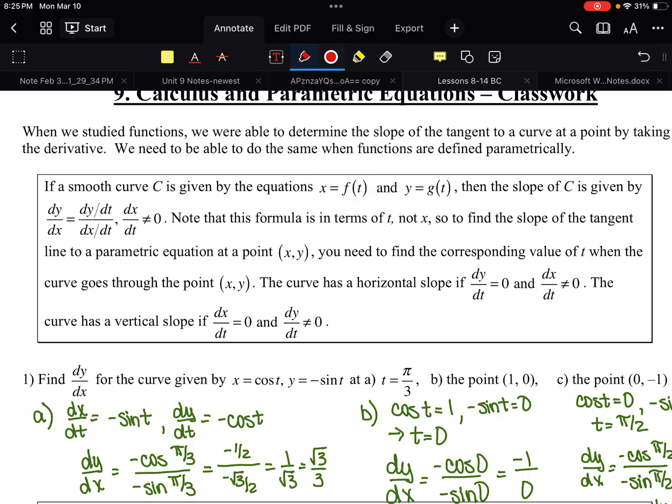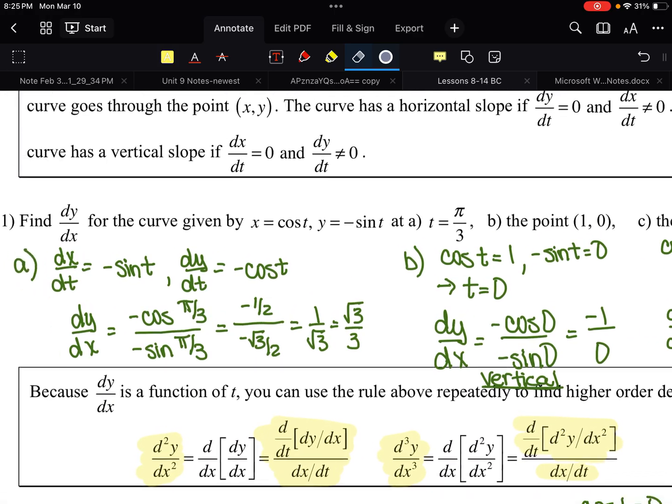So when I'm finding the derivative, I'm really finding dx/dt and dy/dt, and then I'm putting those together to find dy over dx, and the dt's cancel out. We're finding dy/dx, but it's still in terms of t.